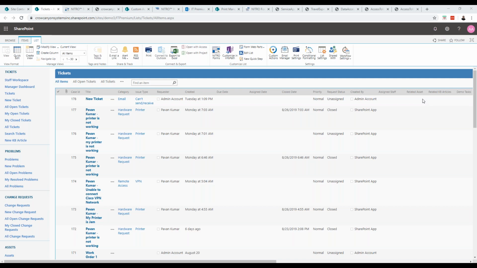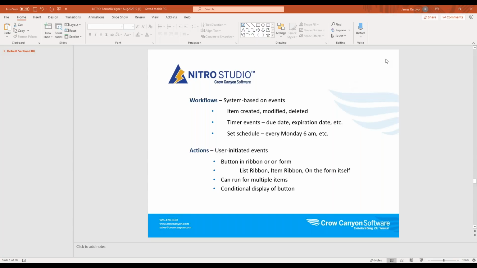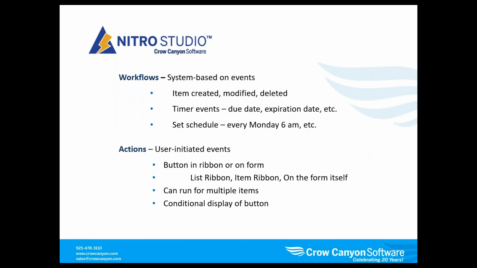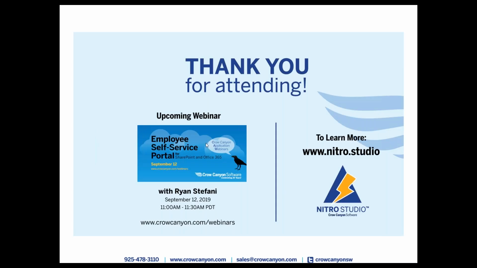The webinar in September is going to be around this new idea that we're putting into place, specifically around our portal. Think of this application as a request management system for your entire organization, an employee self-service portal.